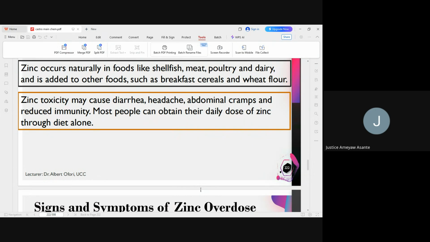Zinc toxicity may cause diarrhea. So the overdose, you see, everything God has created has a limit. Overdose can cause diarrhea, headache, abdominal cramps, and reduce immunity.